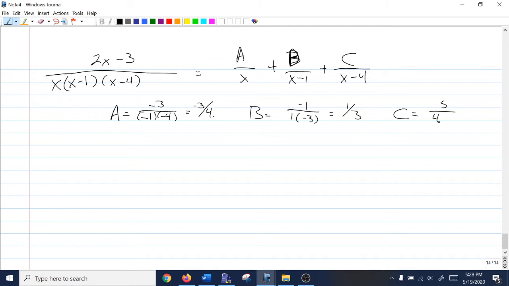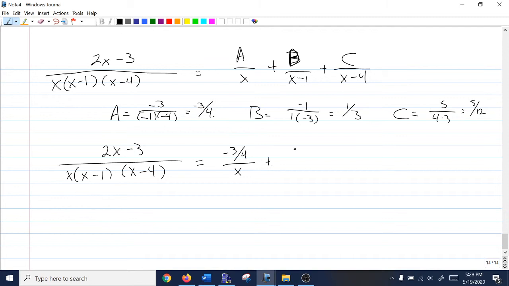Yeah, that's 4 times 3. It's 5/12. 2x minus 3 over x minus 1, x minus 4 should equal negative 3/4 over x, 1/3 over x minus 1, 5/12 over x minus 4.